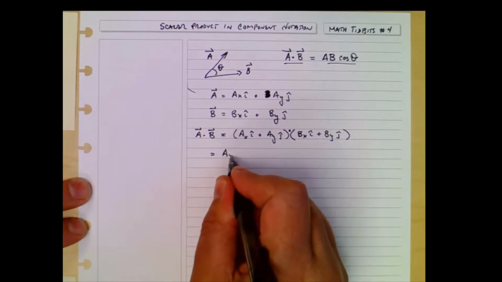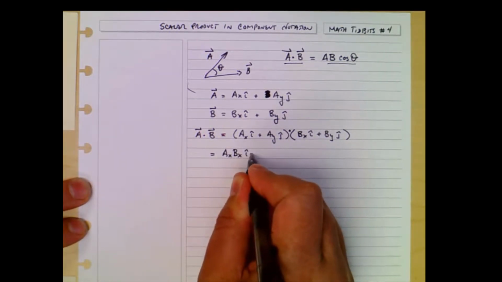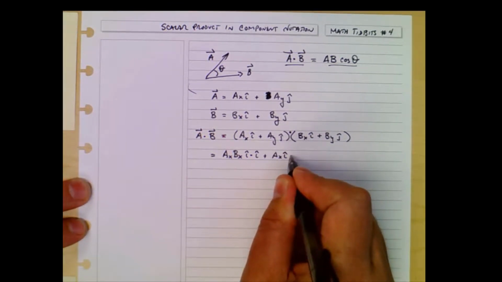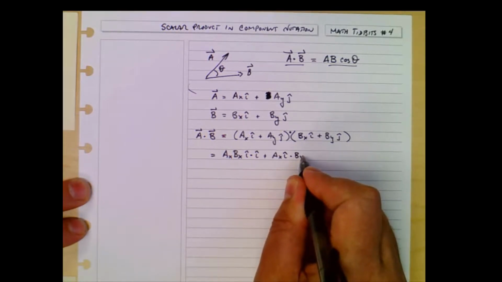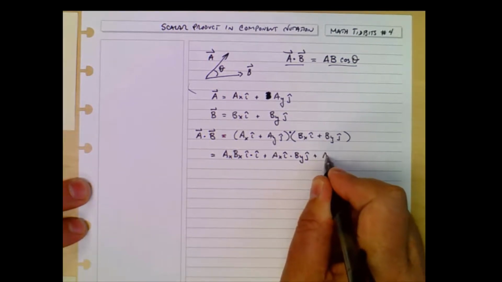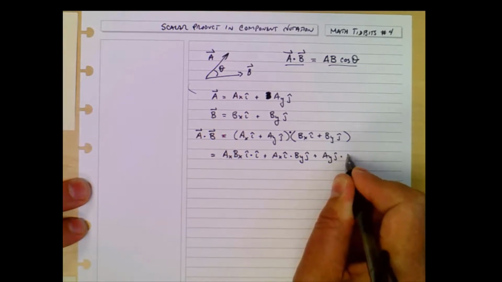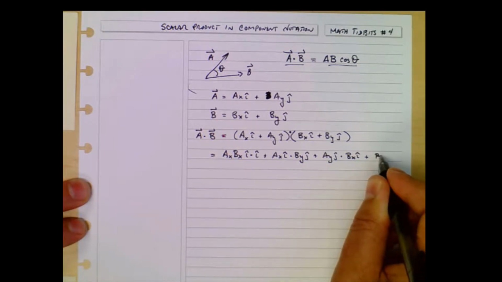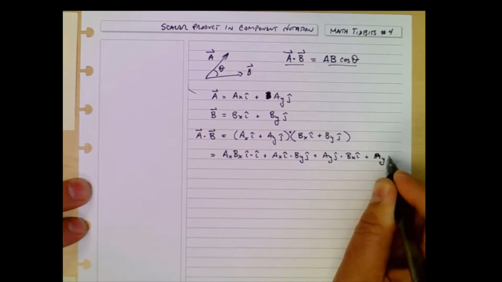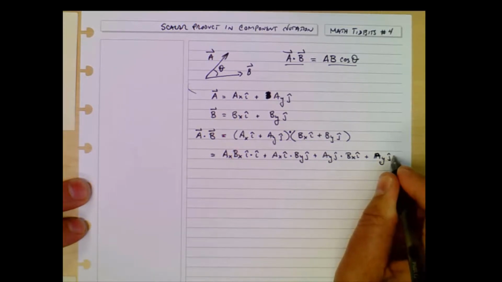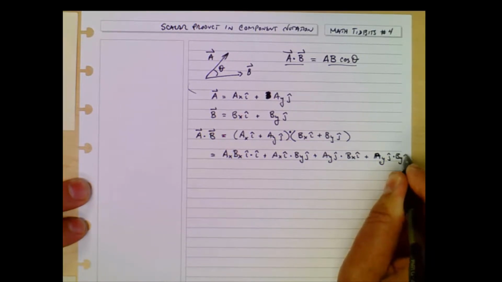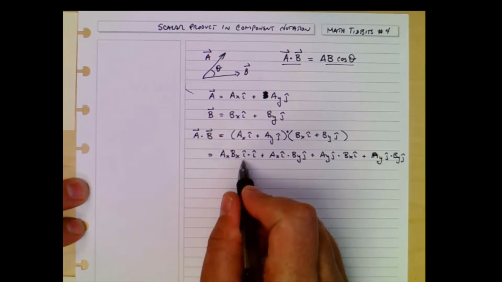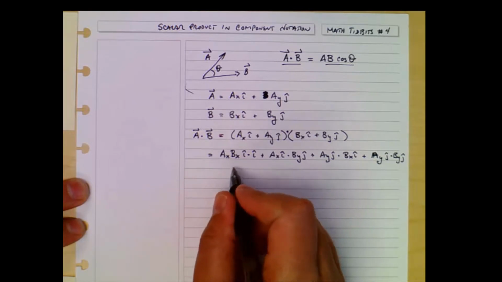I have A sub x B sub x i hat dot i hat plus A sub x i hat dot B sub y j hat plus A sub y j hat dot B sub x i hat plus A sub y j hat dot B sub y j hat. Now, of course, I defaulted to writing things a little more simply.